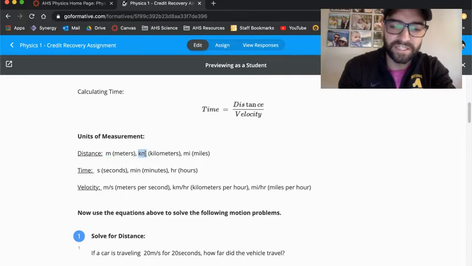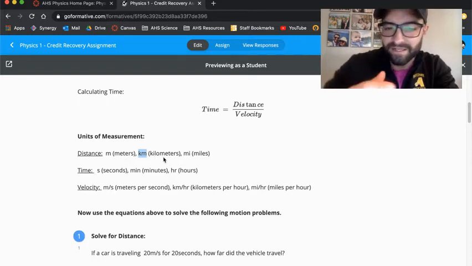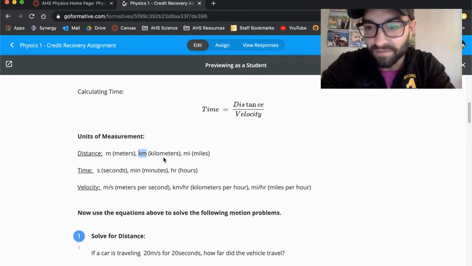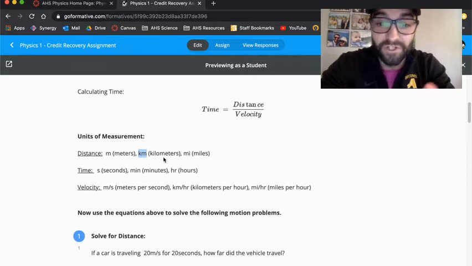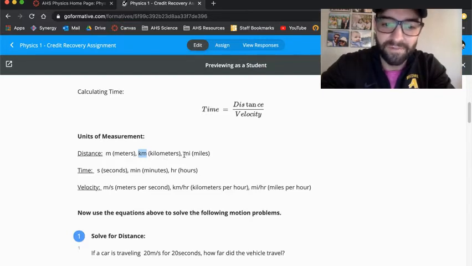Or you'll see km, and that stands for kilometers. And we don't really usually here in the United States refer to meters or kilometers. We tend to do yards and miles, but in science and around the world, they tend to stay with meters and kilometers. But for reference, we also have miles here.